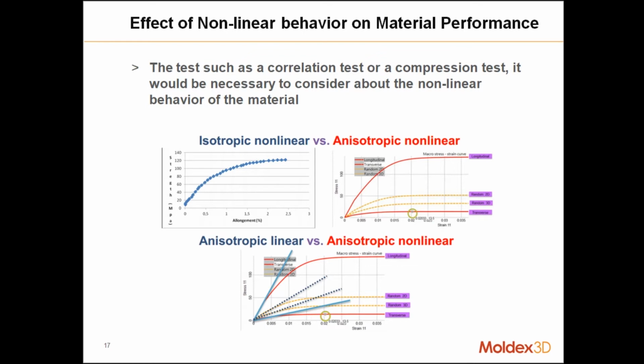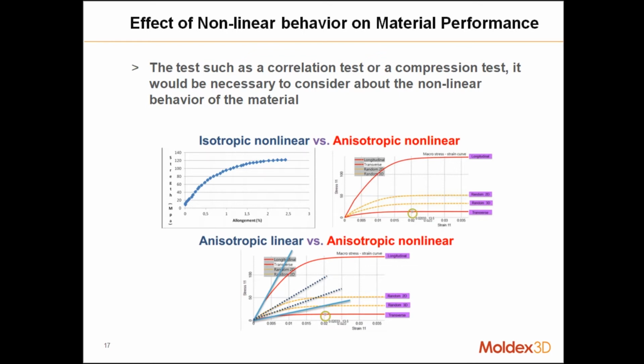And if we take a further look to compare the anisotropic linear and the anisotropic nonlinear, we can also imagine that if we only consider the material as linear, it doesn't take into account the material past a certain stress maximum, where it starts to go down with a flat curve, as we can see in the nonlinear curve.